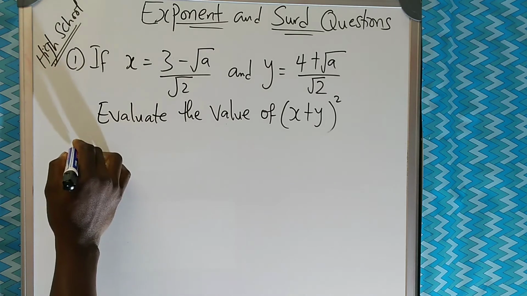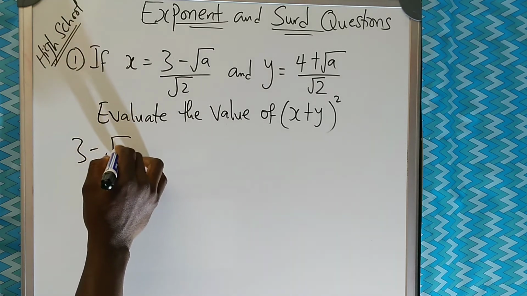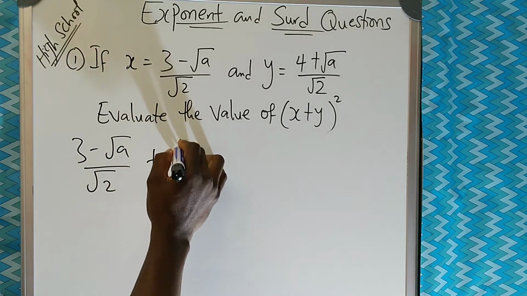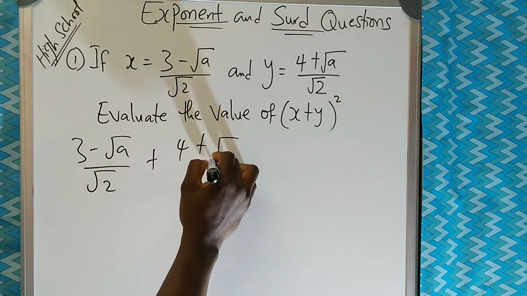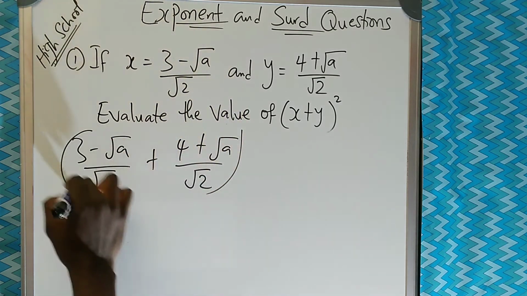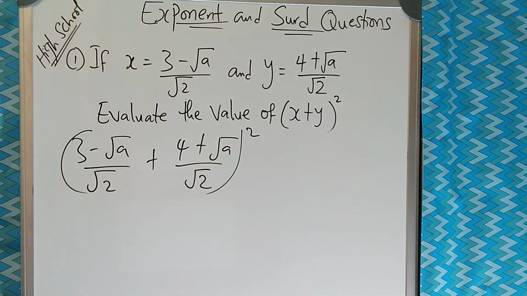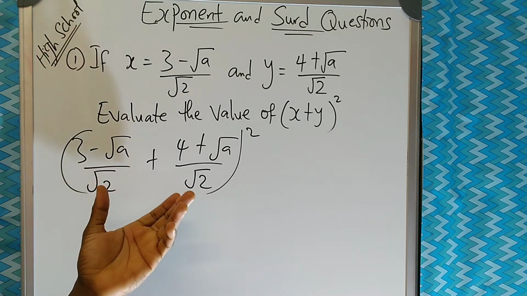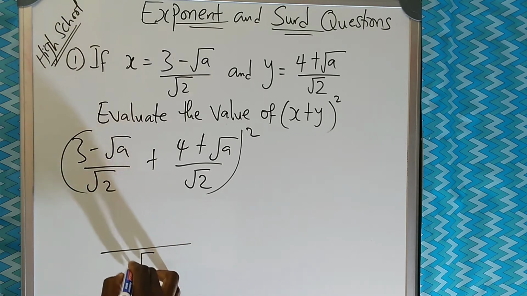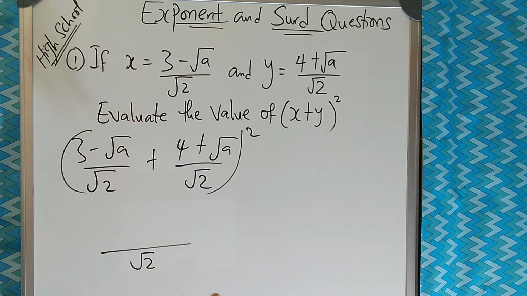Let's bring them together. We have (3 minus root a) over root 2 plus (4 plus root a) over root 2, everything squared. First and foremost, let us resolve the numbers in the bracket. The denominator can be simplified by having root 2 because they share the same denominator.